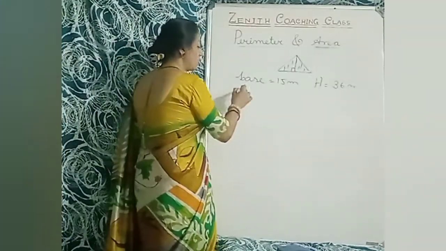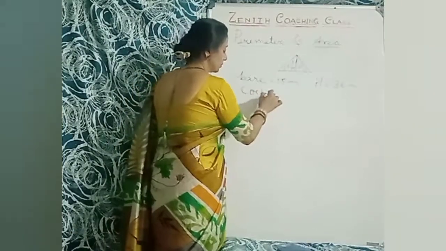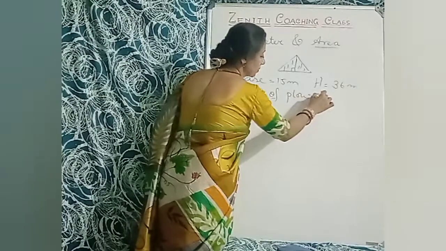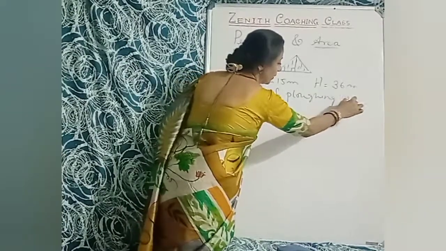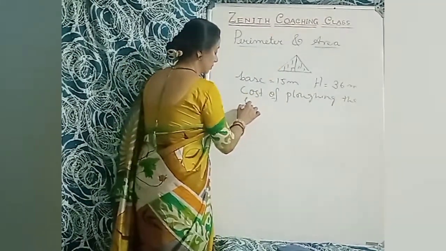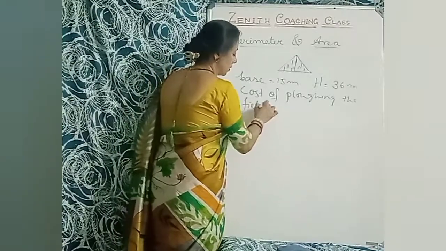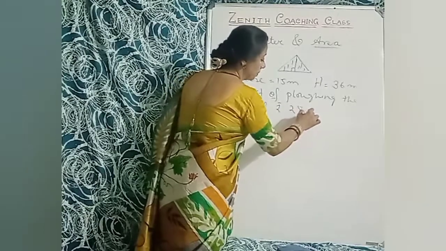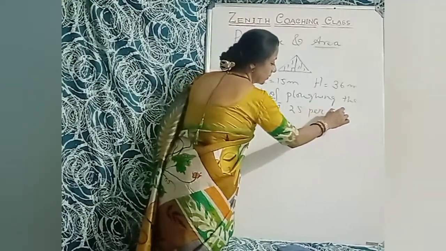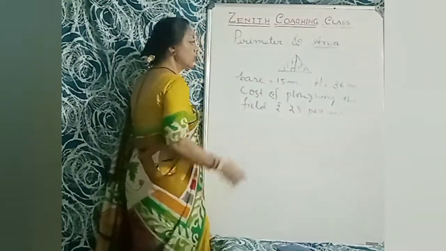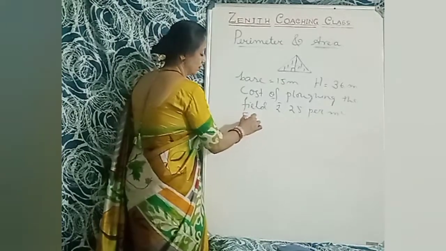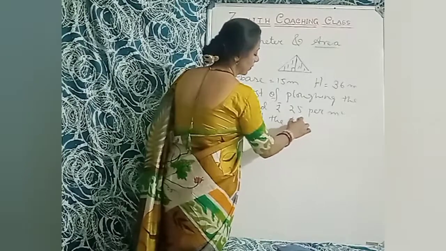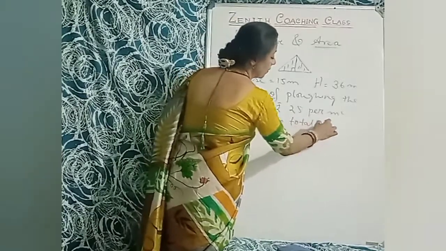Think that the cost of plowing the field is rupees 25 per meter square. Okay, so find the total cost of plowing.